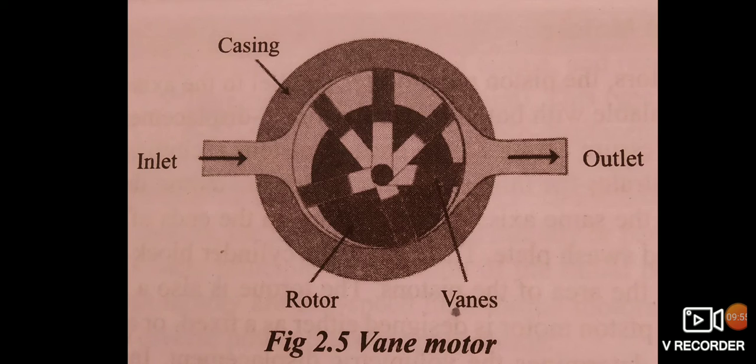Fluid enters from the inlet port, rotates the rotor, and thus torque is produced. The displacement of a vane hydraulic motor is a function of eccentricity. The radial load on the shaft bearing of an unbalanced vane motor is also large because all its inlet pressure is on one side of the motor.